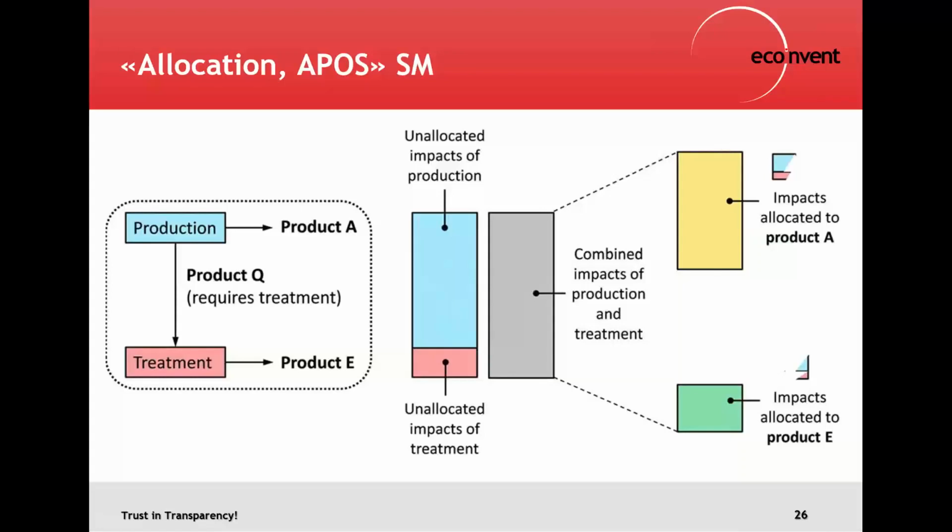The value chain can contain a treatment chain, potentially several commercial byproducts. We can imagine several more like the product E, and impact will be allocated within all those products.